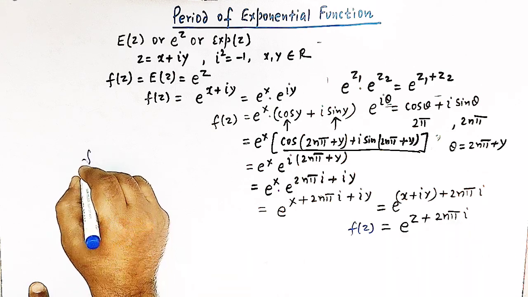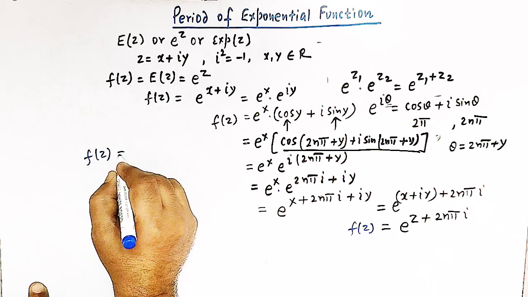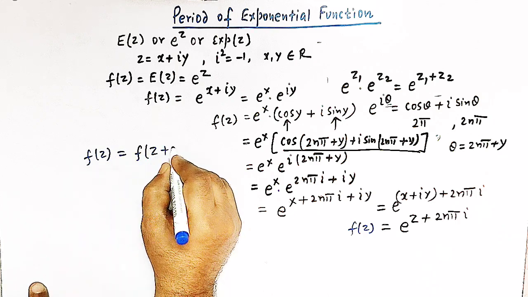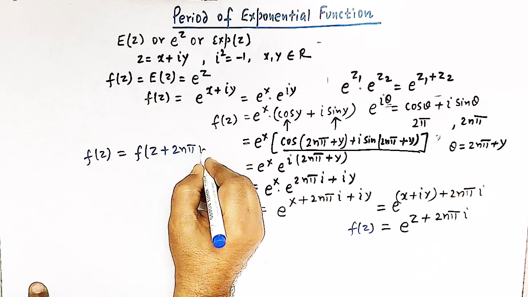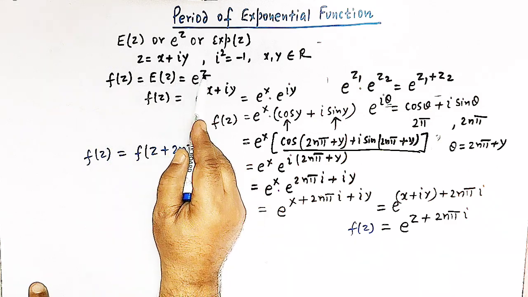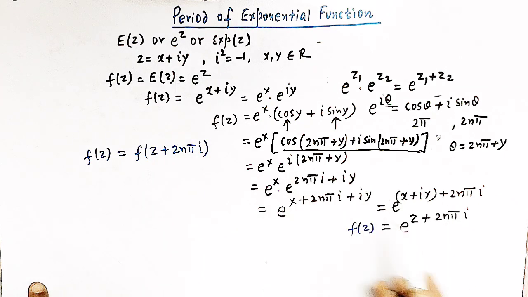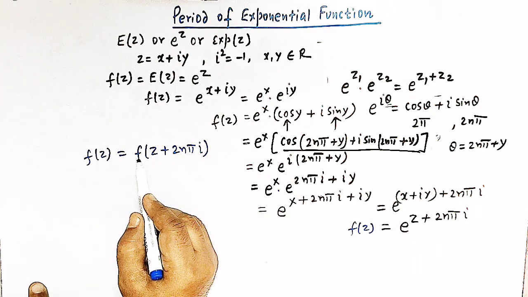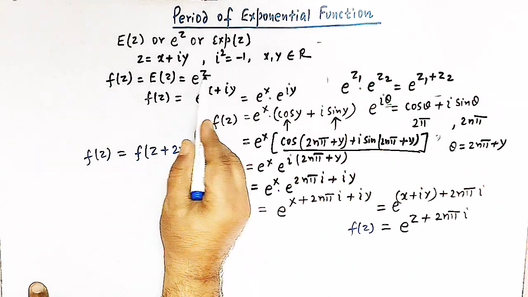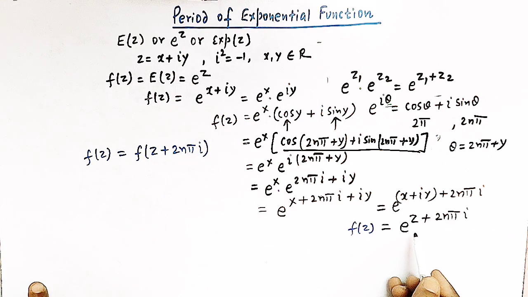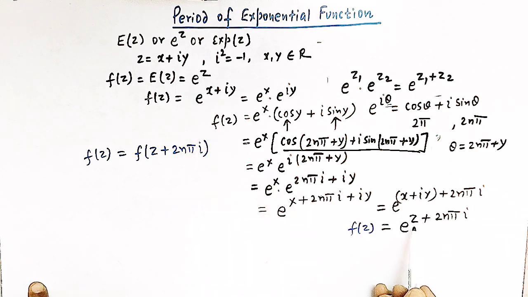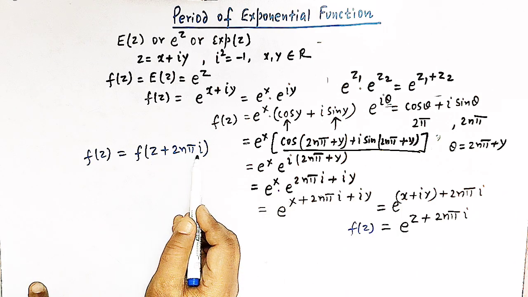So now we can write it like this: f of z is equal to f of z plus 2n pi i, because here we have f of z is equal to e raised to z, and f of z can now be written as f of z plus 2n pi i, so that here we can see that as if we have replaced this z by z plus 2n pi i.